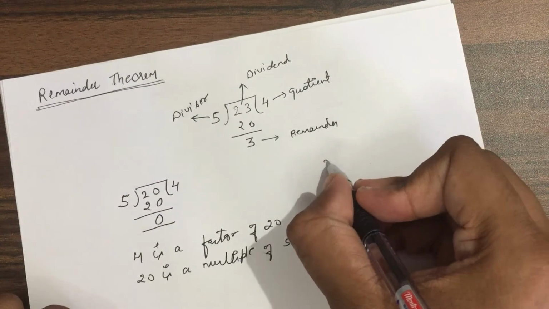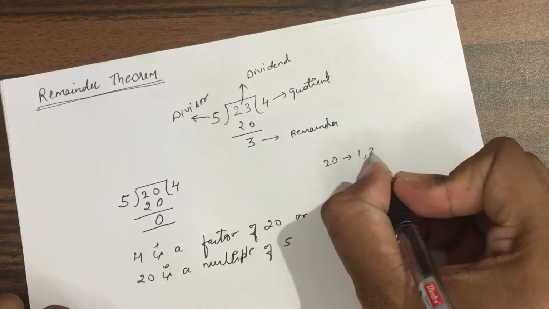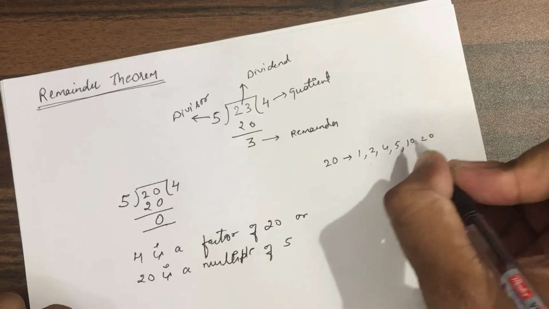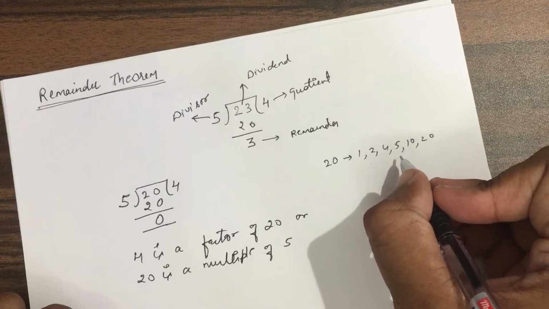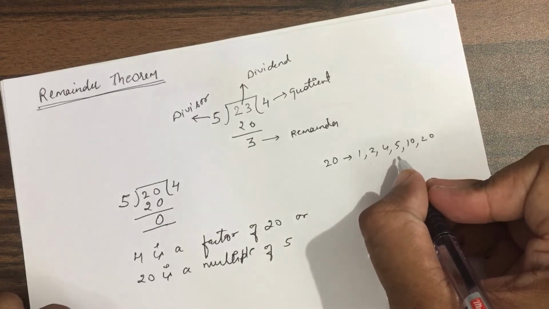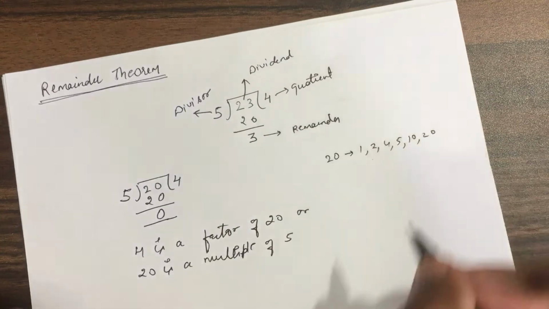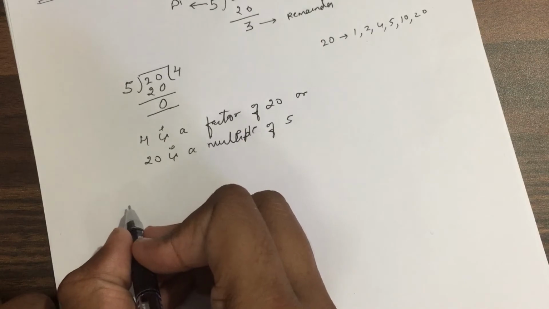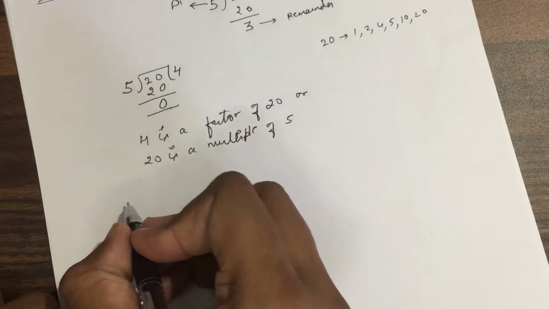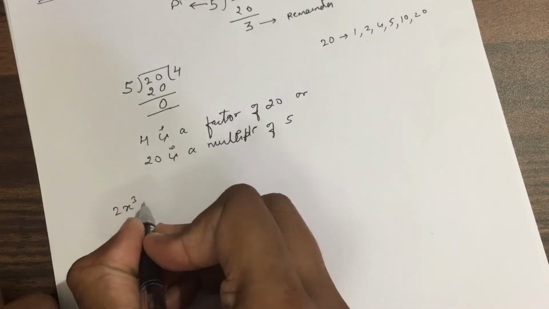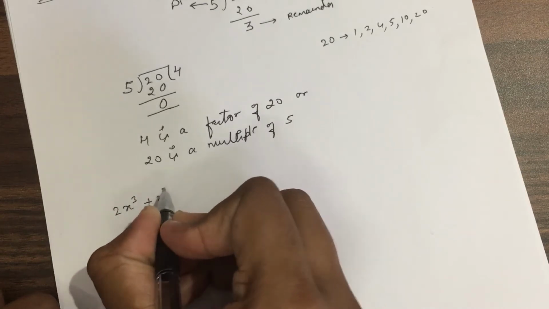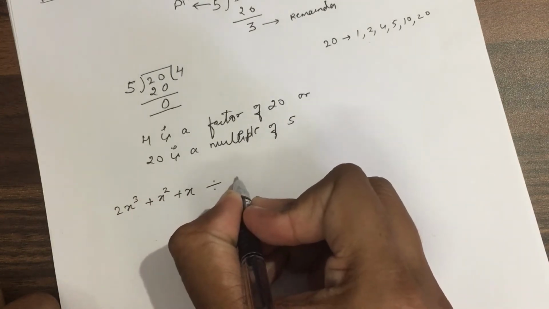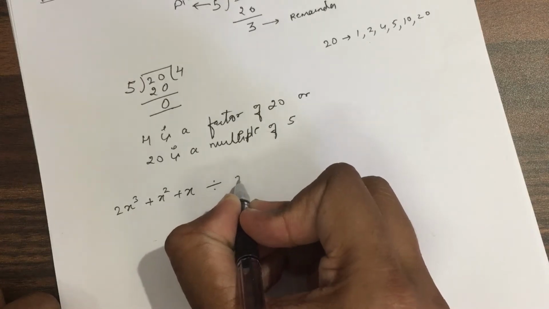What are the factors of 20? 1, 2, 4, 5, 10 and 20. Whenever you divide a number by its factor, the remainder will always be 0. Now let us take a case of polynomials. Divide a polynomial by another polynomial. Let us divide 2x cube plus x square plus x by a monomial, a single term, x.